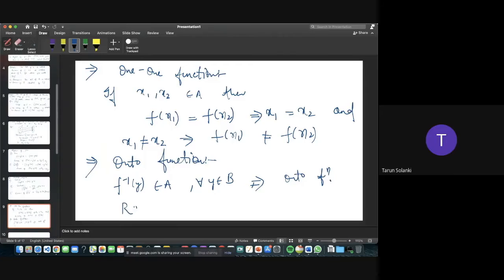In other words, we can say the range of f is equal to the codomain of f. Okay, so you can copy this first.